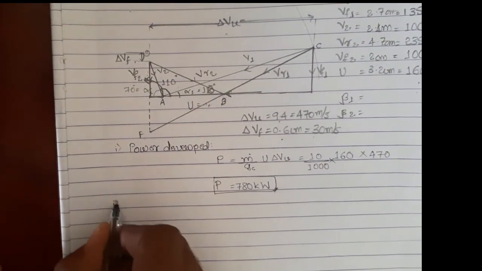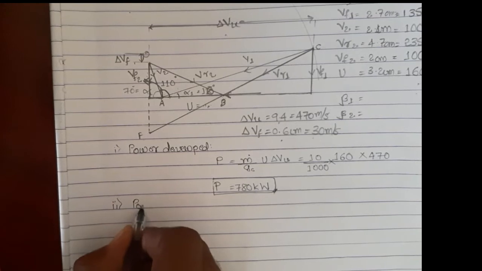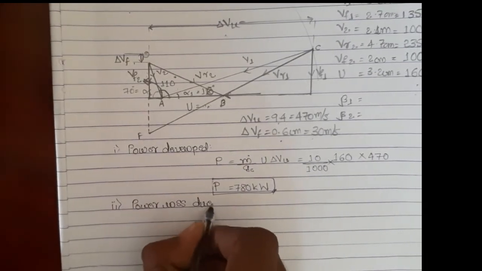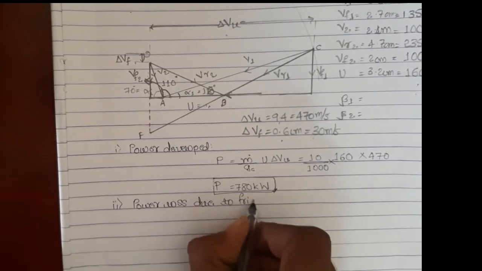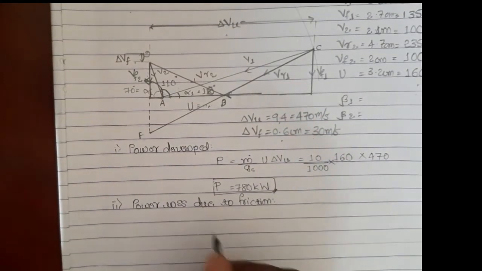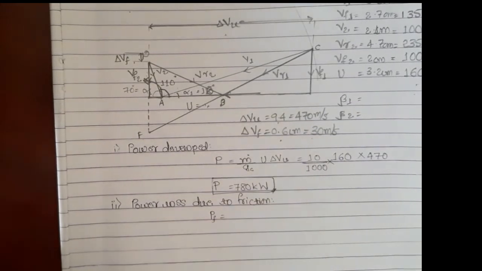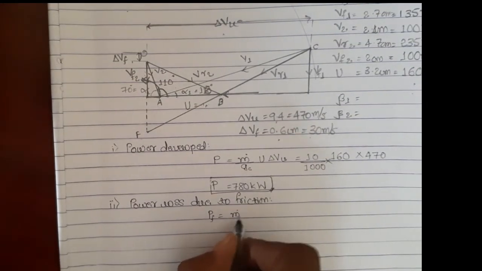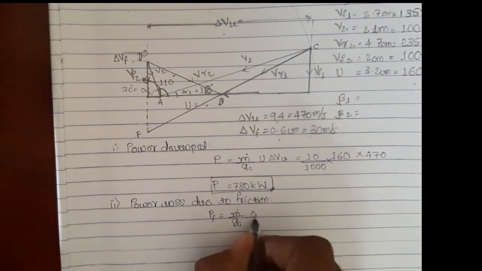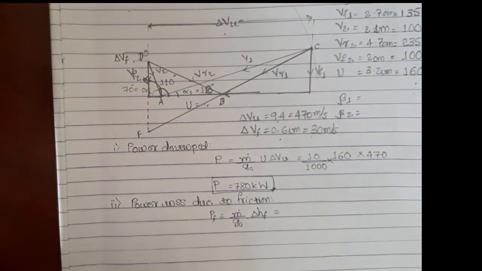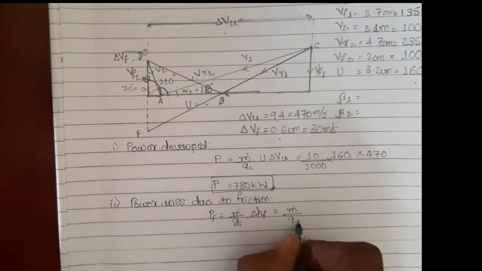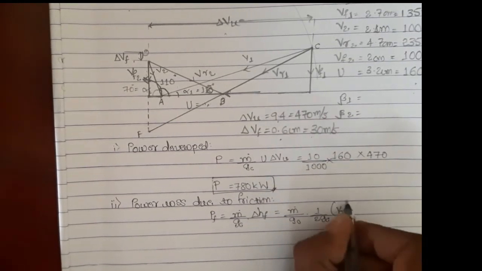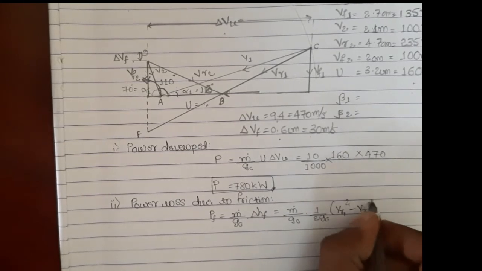The second thing being asked here is power loss due to friction, that is the frictional loss pertaining to CB. This power loss due to friction can be calculated as M by Gc into delta HF, which is M by Gc into 1 by 2 Gc into VR1 square minus VR2 square, right?